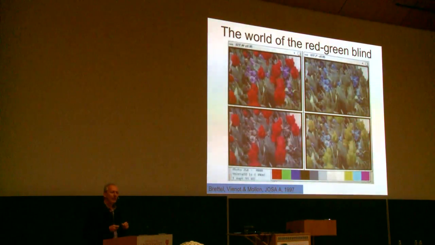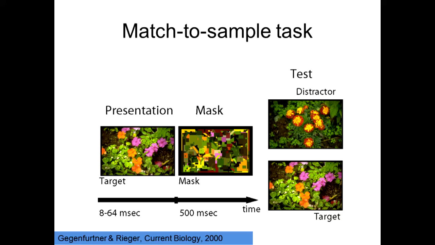So we used a different paradigm to study this initial period. We used a so-called match to sample task, and it's again very simple. Here's an illustration of what happens on each trial. We present a target image, and it's followed by a mask.